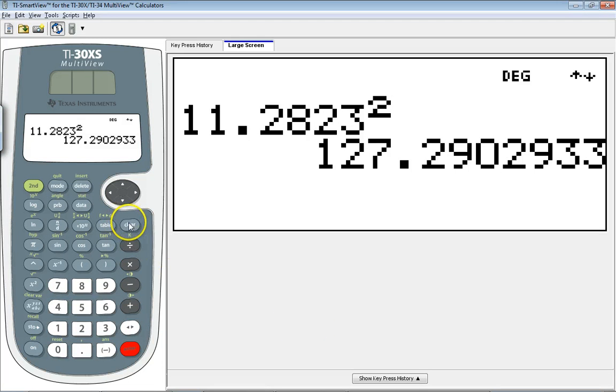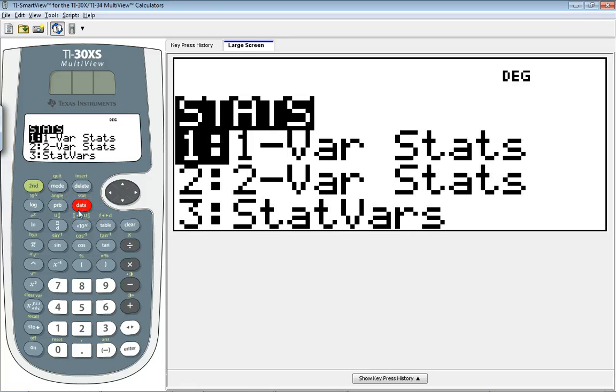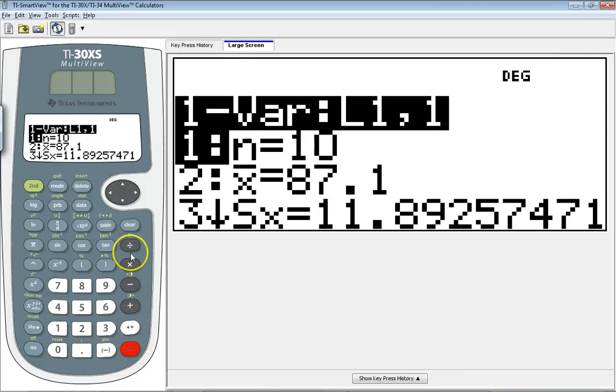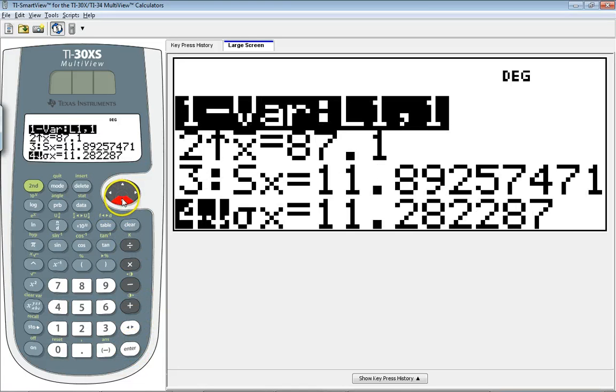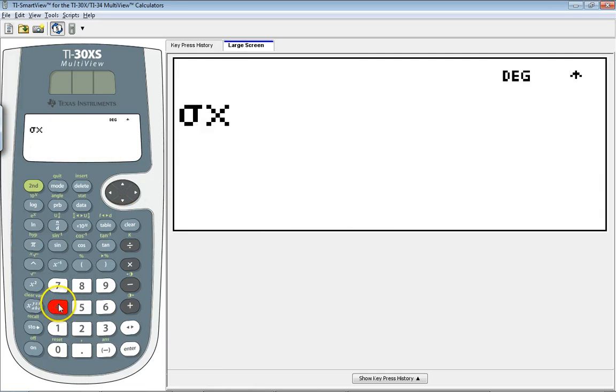Now, I want to show you a little trick here. Let me just clear this out. If I go back to my one variable statistics, see how the standard deviation is item 4? If I type the number 4 right now, bling, it prints the standard deviation on the screen where I can do calculations. So if I want to find the variance, it's just the standard deviation squared.